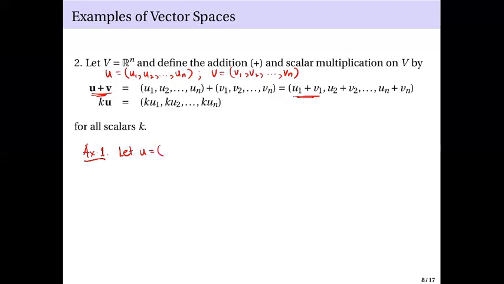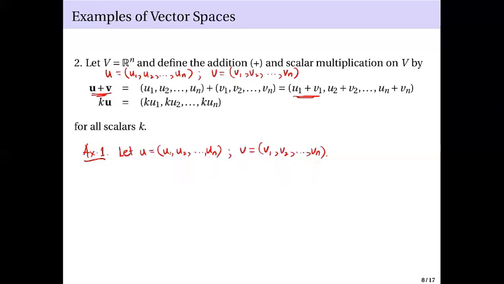Let U be the vector with components u1, u2 until un, and V a vector with components v1, v2 until vn. Notice these two vectors belong to Rn. They have n components.